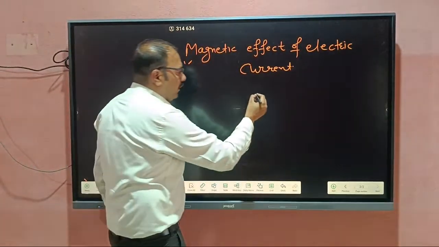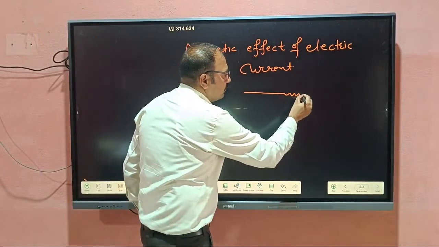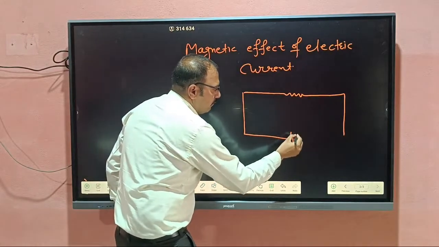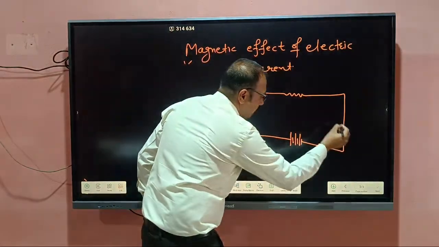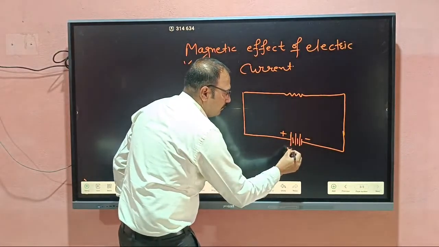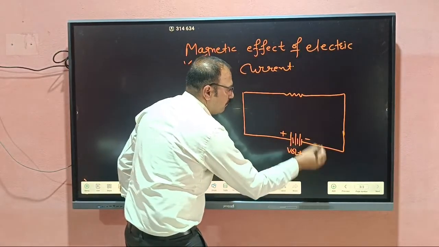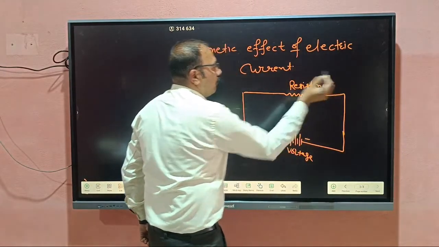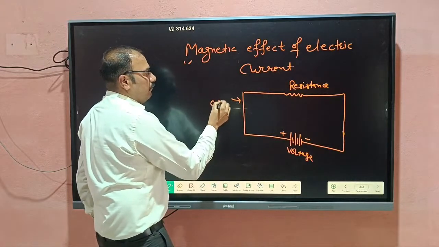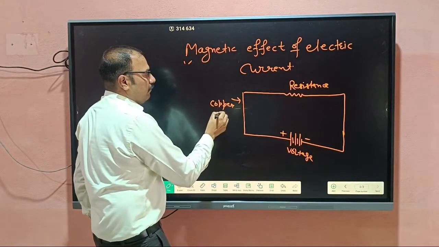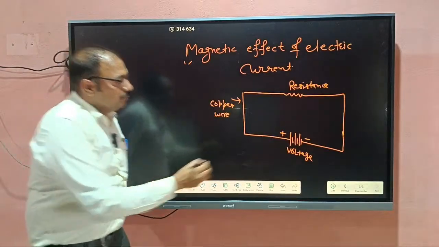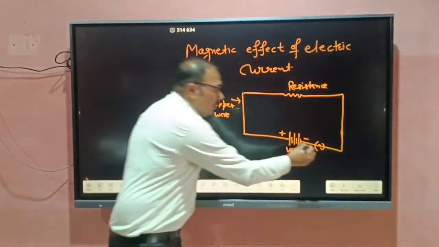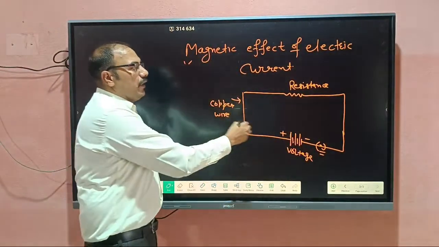For example, we take a circuit. When we close the switch, electric current flows into the circuit.